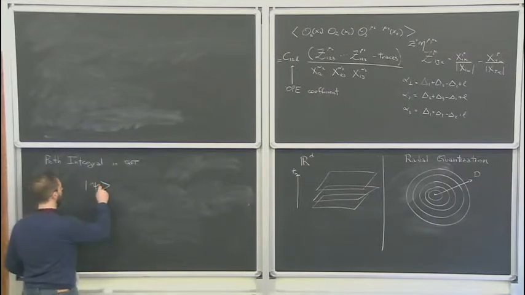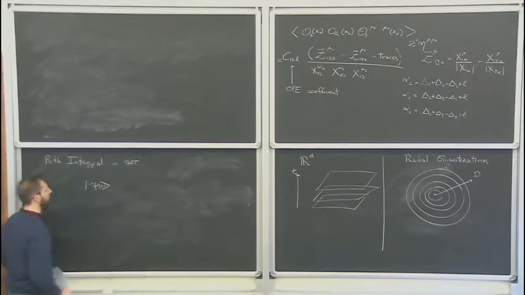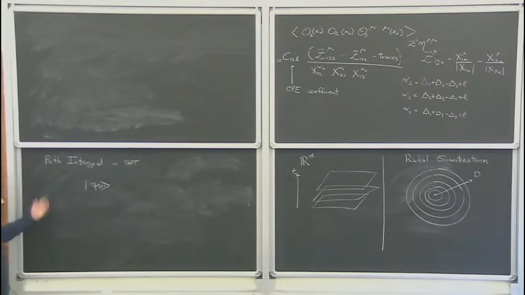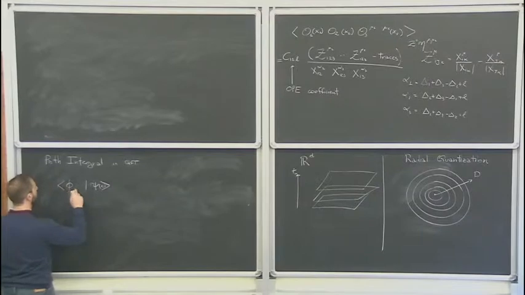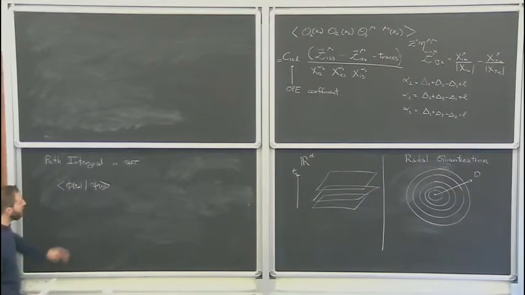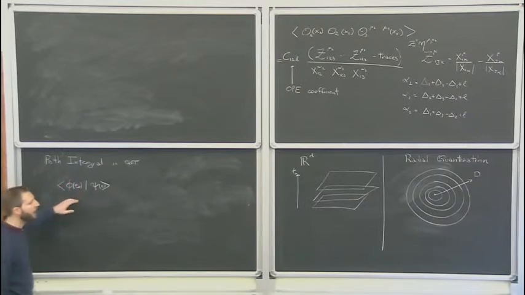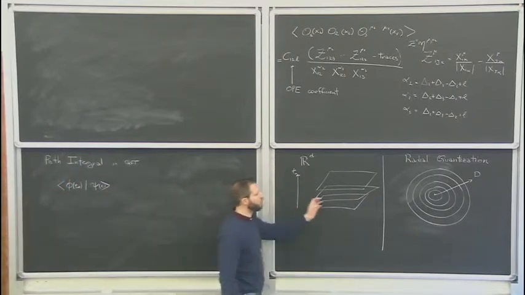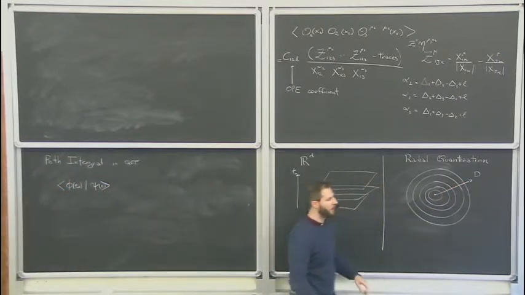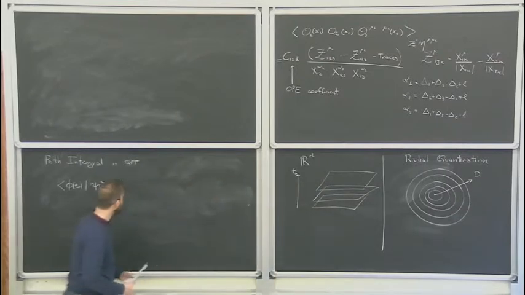So this is defined at some time initial. And you want to compute what is the probability to obtain a different state, let me call it phi, at some time t final. Here I'm using time in a broad sense, okay? It can be the usual time evolution, it can be our radial direction, doesn't matter.